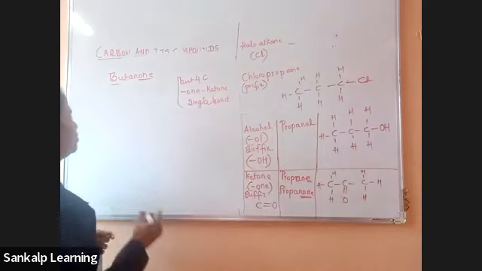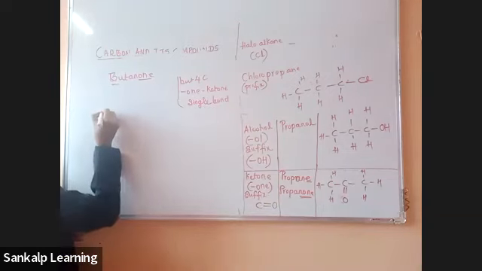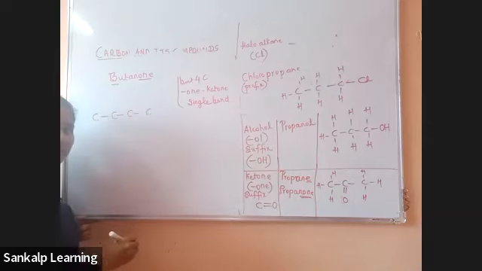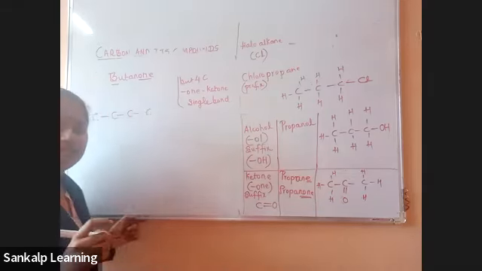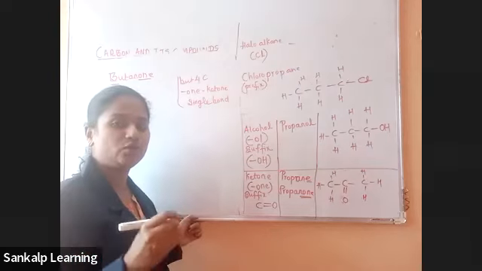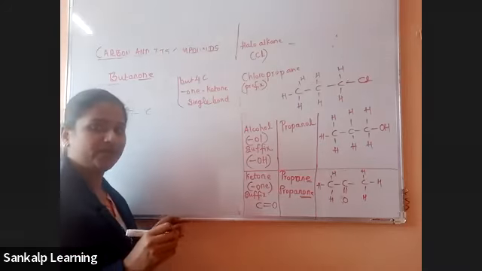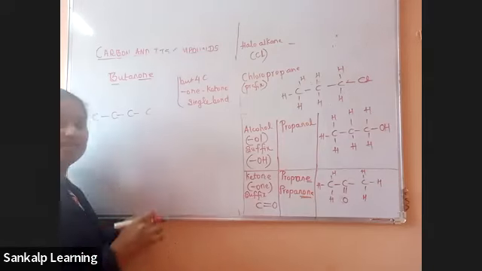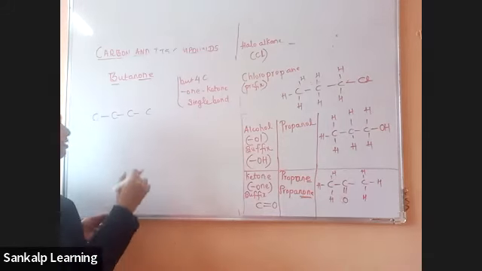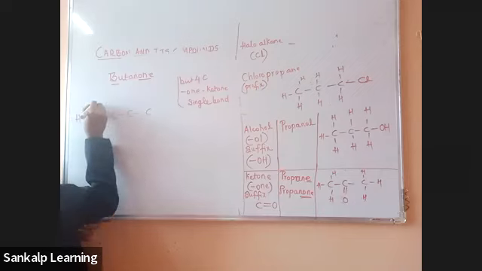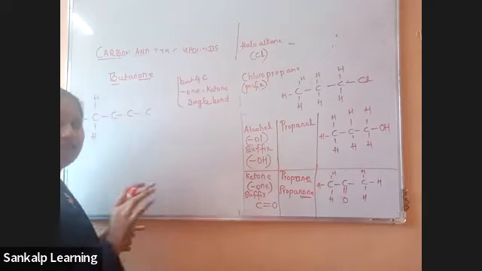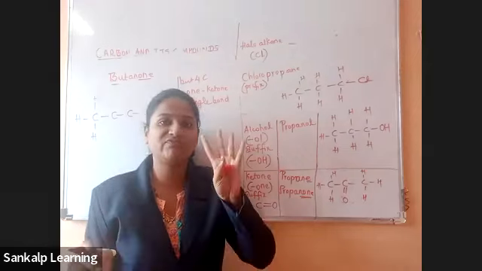Let us draw the structure, guys. So butanone, 4 carbon: 1, 2, 3, 4, right? As we know it is a ketone group, the functional group is C double bond O. Somewhere in the middle we will write C double bond O. First we will write H, and we should remember all the carbon atoms should be satisfied with 4 bonds.